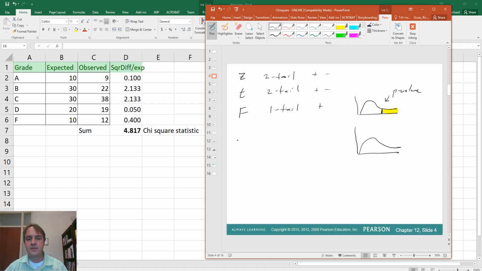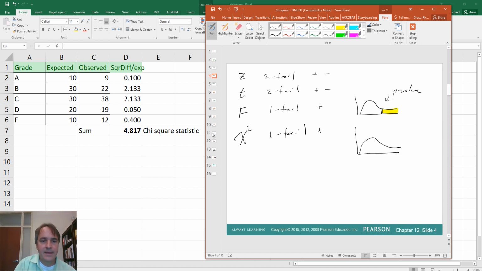This chi-square, the one tail, is only going to be positive, but it isn't necessarily shaped exactly the same as F, because in some cases it goes down like this, in some cases it swirls a little bit differently, but it is going to be non-negative. It's going to be one tail and positive. But because of the nature of the data generation process, it's not going to be exactly the same as F. So we have to use a chi-square statistic.